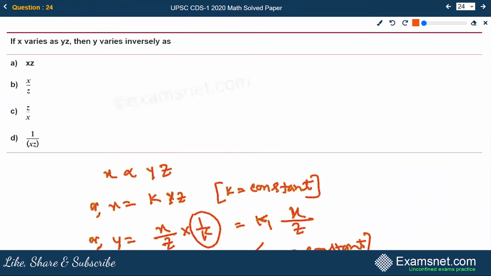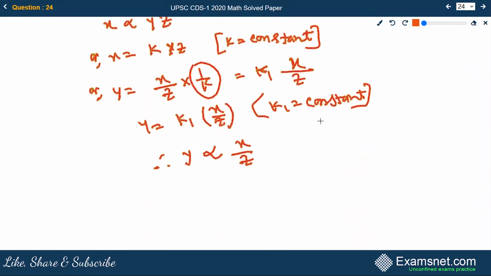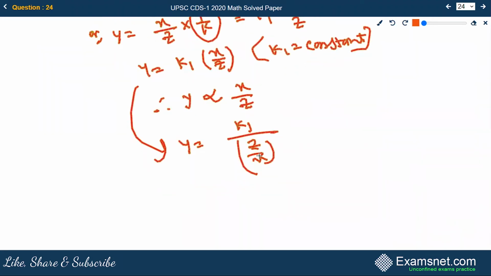So y varies directly. But it asked for inversely. So further we can write from here y equals k1 by z by x. Therefore y equals k1 multiplied by 1 by z by x.